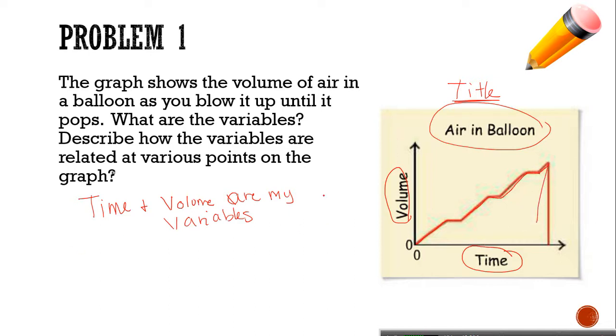I can think of this as blowing up a balloon. Right here, where it's going up, this must be where I'm blowing air in. Every time I see a curve going up, right here, and right there, just a tiny bit, that's where I'm blowing air into my balloon.